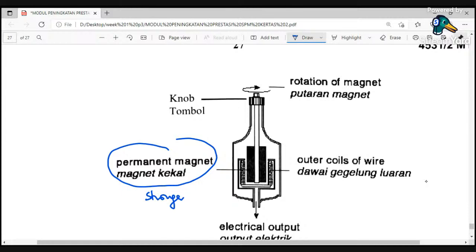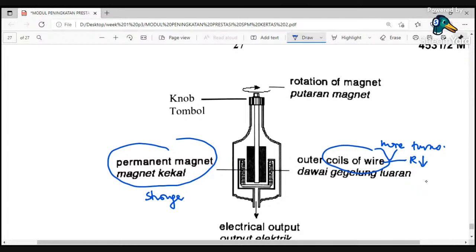Okay, and then to produce more cutting, the coil of wire, more turns, more number of turns. And then the coil ni mungkin boleh buat ni, okay, made of material low resistance because it can produce larger current also.